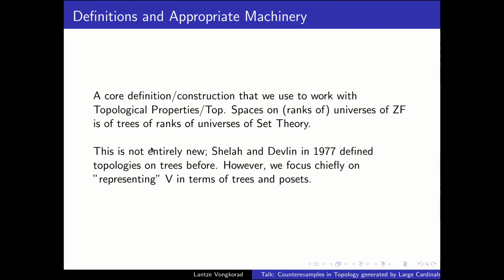And of course, we cannot forget about Kunen's inconsistency theorem, which shows that an extremely strong, equal to, or stronger than an elementary embedding from the universe to itself is inconsistent with the axiom of choice, and places a hard cap on the large cardinal axioms we can play with and construct in terms of topology.